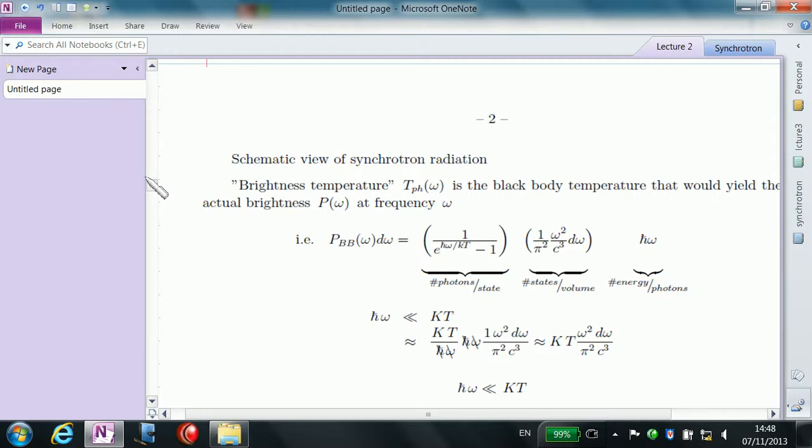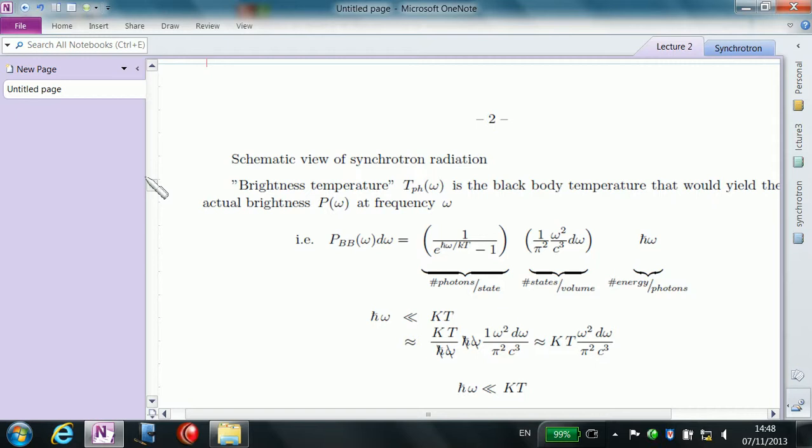Is it spontaneous emission or stimulated emission? Or it's also inverse Compton, which is just scattering, but you can think of it as being an emission process. So it should be stimulated. By what? No, you asked if it's synchrotron.